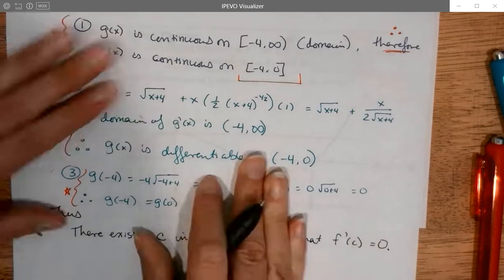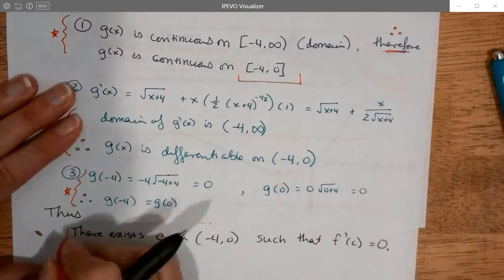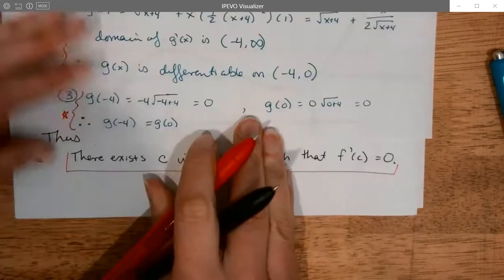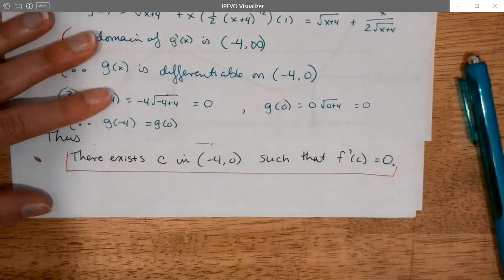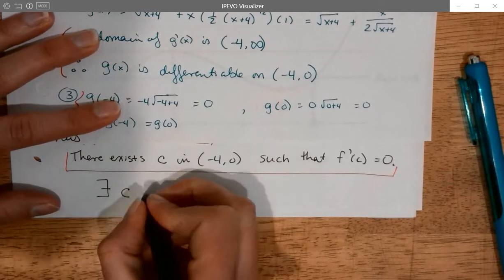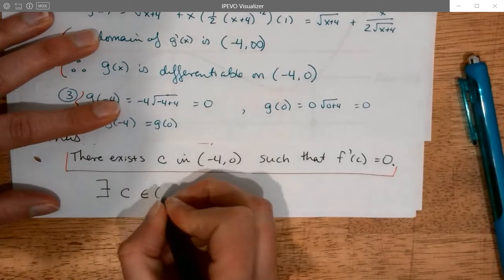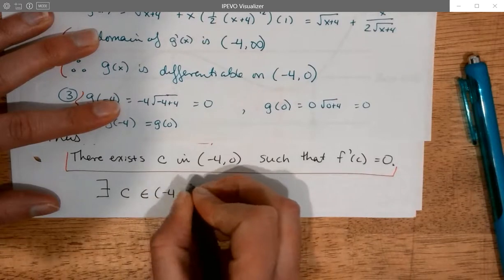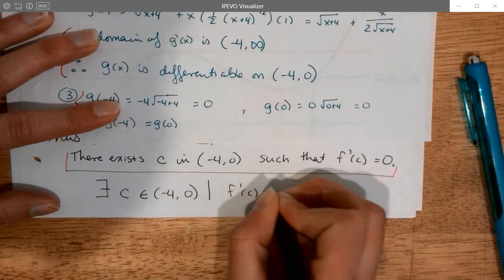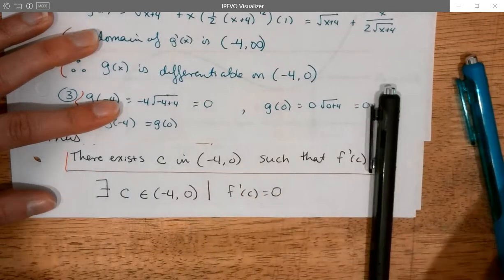That's my conclusion. So I have to have that conclusion. Now, if you prefer to write that fancy, we can write that fancy. So there exists a c in the interval negative 4 to 0 such that f prime of c is equal to 0, says the same thing.